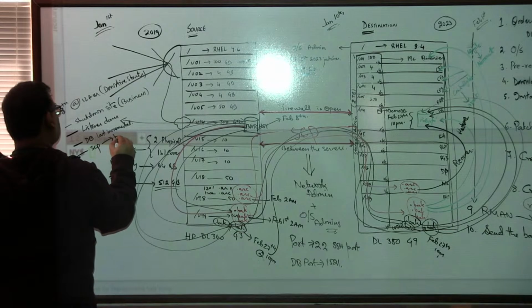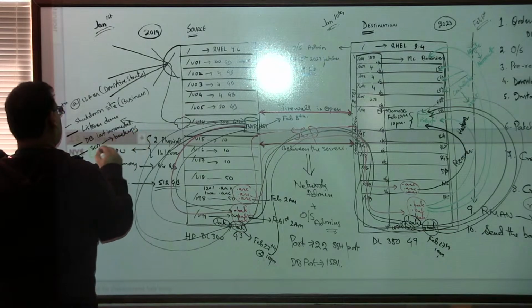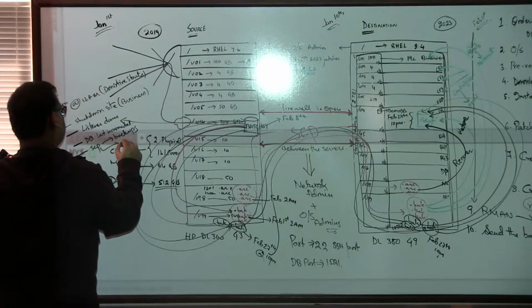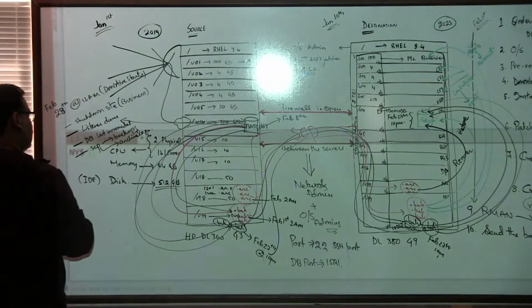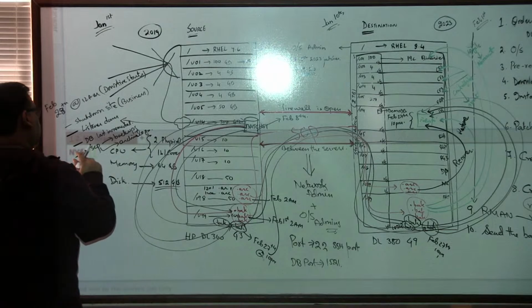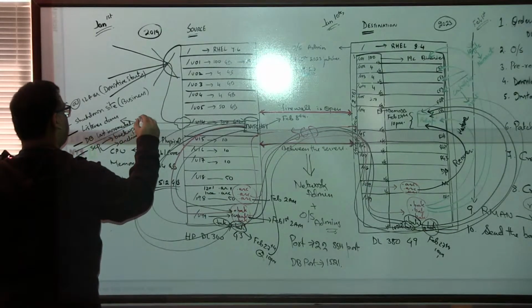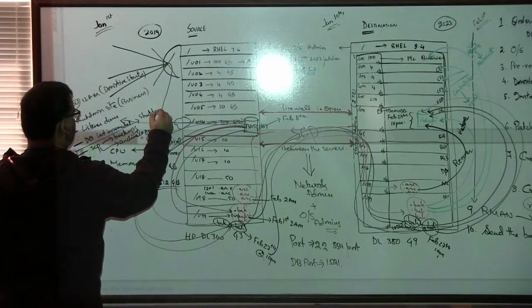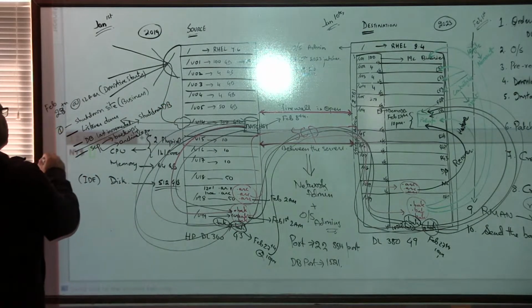SCP the backups. SCP the archive logs. So actually before incremental, I have another point here: shut down database. So first thing, shut down listener or shut down the business, right?